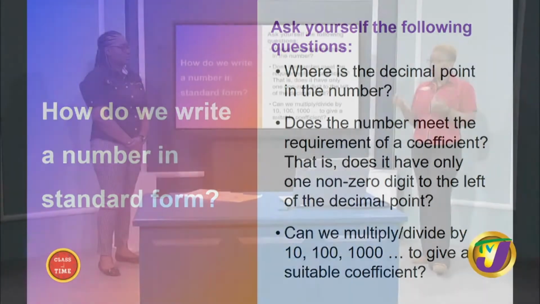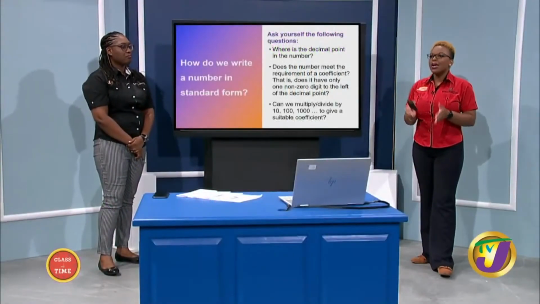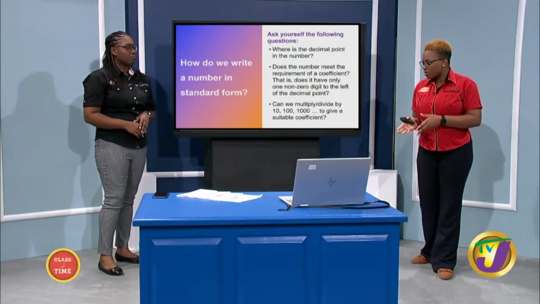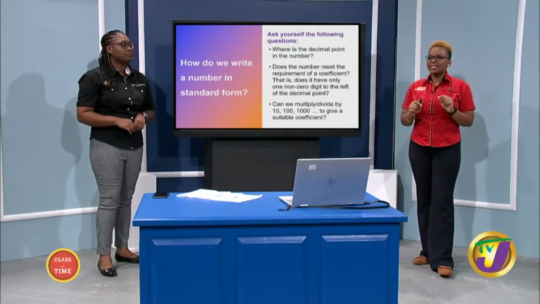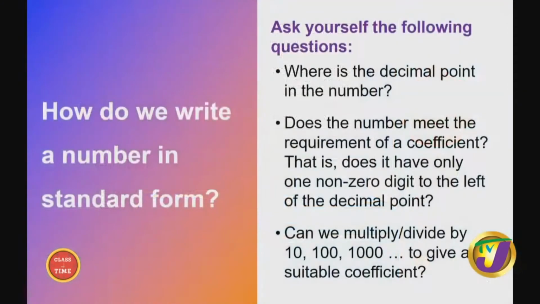The coefficient must be greater than or equal to 1, but less than 10. And then, can we multiply or divide this number by a power of 10, such as 10, 100, or 1,000, to give a suitable coefficient if we don't have one?